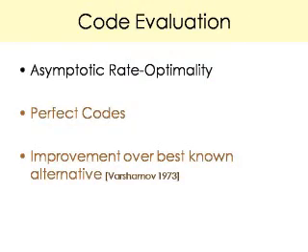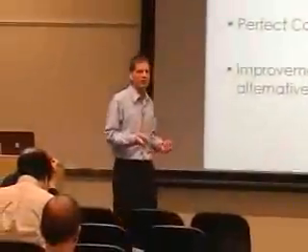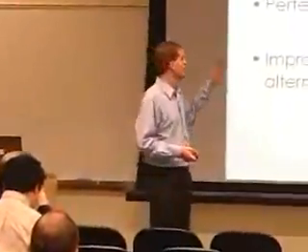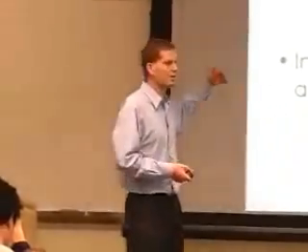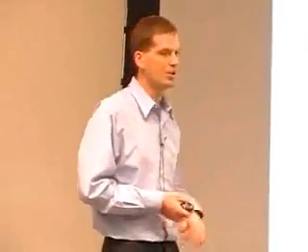Now we want to evaluate what we do, whether it is a good code construction or maybe it's not that good. So those are results that show that it's a good code construction. One is that we have asymptotic rate optimality for many parameters, which means you cannot, asymptotically, construct better codes than those in terms of rate.